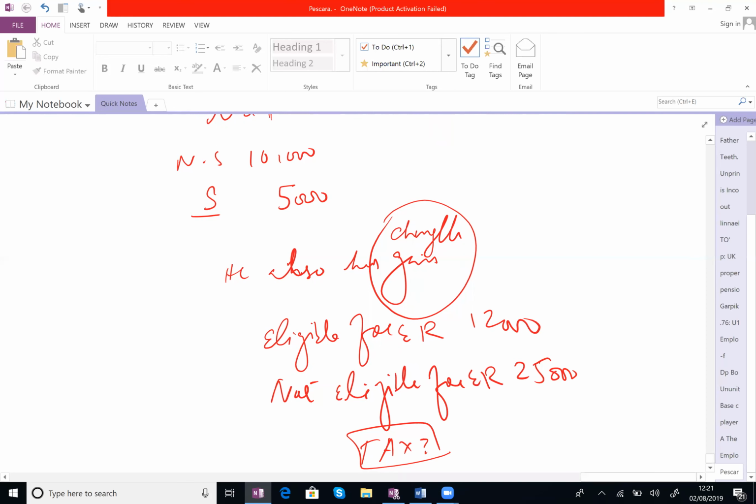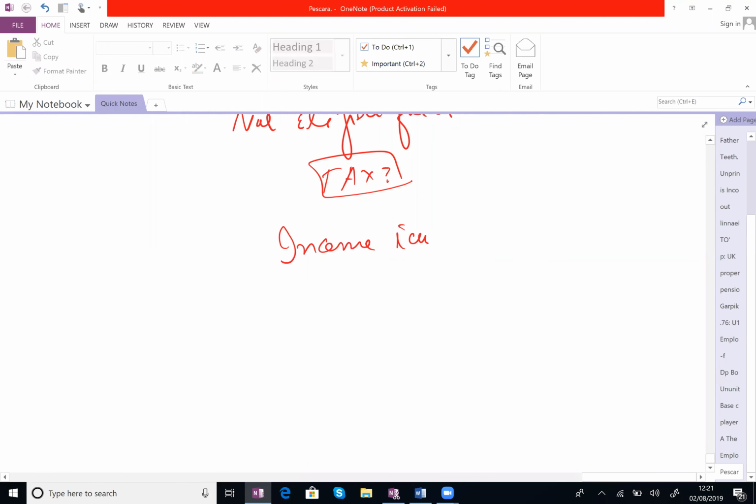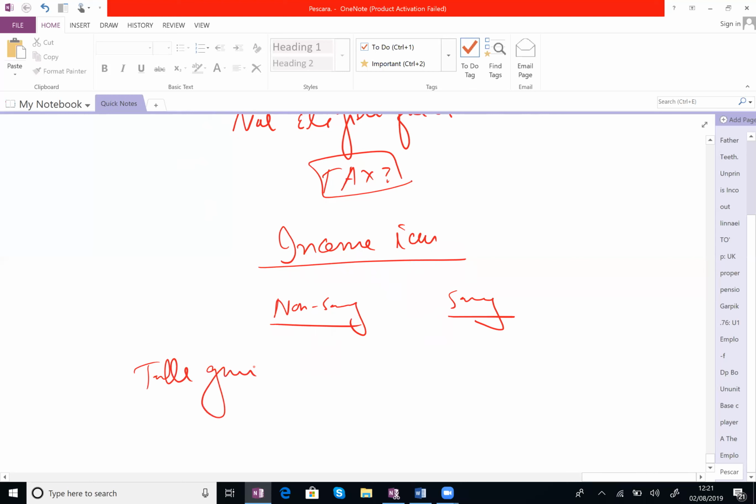Firstly we will pay the income tax on the incomes and then on gains. There are two incomes, non-savings and savings. Taxable incomes means after personal allowance: 10,000 non-savings and savings is 5,000.